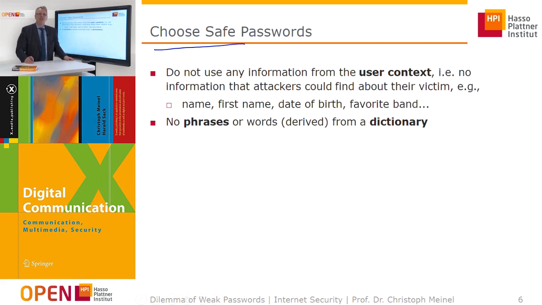Second, one should not choose a phrase or a word which can be found in the dictionary, because there are dictionary attacks which make it easy for the attacker to reveal such a phrase from a hashed password found in the leak of a user database.